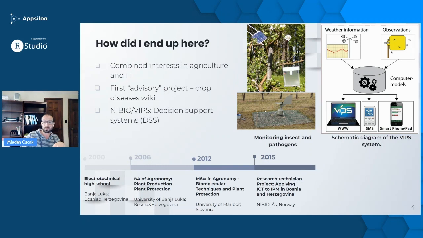My first work experience was putting this information together from the field, weather information, creating computer models, and distributing those through different media. I worked on that in NIBIO, the Norwegian Institute of Plant Protection, at their decision support system group.